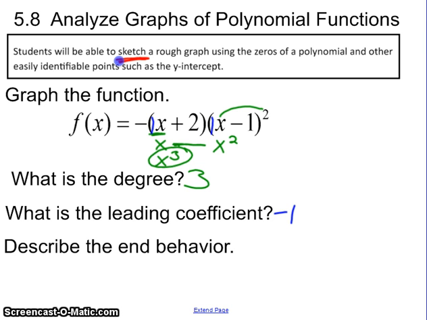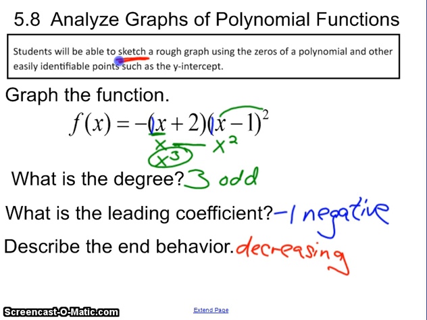All right, so I've got an odd degree, and I've got a leading coefficient that is negative. So the end behavior, okay, odd means the ends point in different directions. Since it's negative, this means this is decreasing.